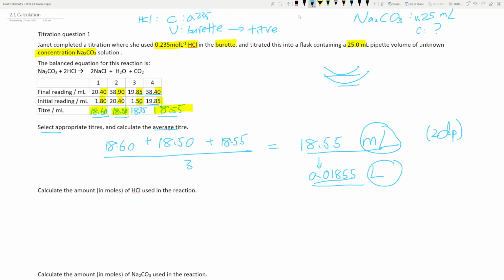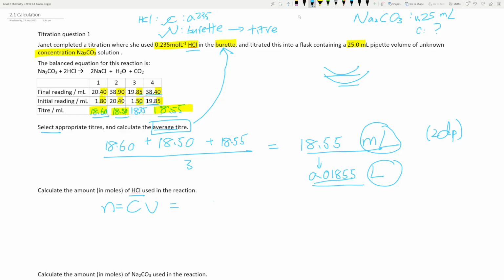Okay, so we know this is the titer. Now, this is where some people get confused. Remember, this is the titer you get from the burette, and what was in the burette? HCl. So that means we know the volume of HCl, because that's 18.55 mL that was in the burette. So we know C, we know V, we can actually calculate the mole.